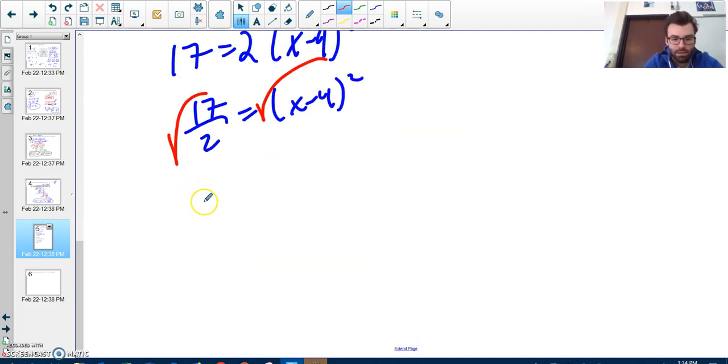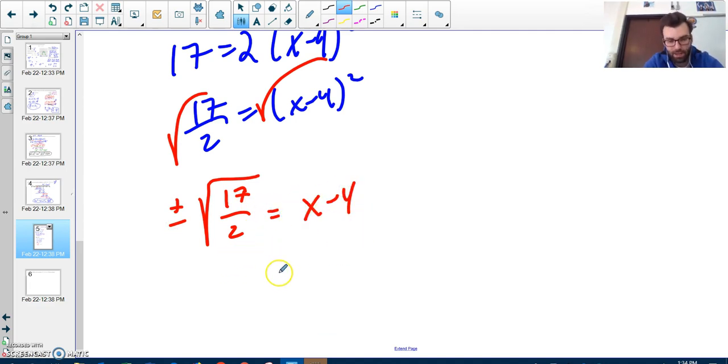So I have root 17 over 2 plus or minus, and this is x minus 4. Add the 4 to the other side. X equals 4 plus or minus the square root of 17 over 2. Now I cannot have a radical in my denominator, so I must rationalize.